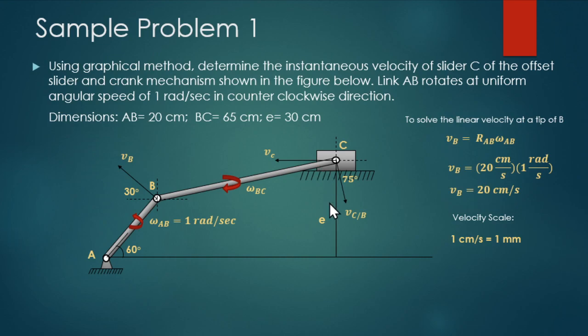By choosing a convenient point, the equation of this relative velocity is velocity C equals velocity B, positive or negative, velocity C relative to B. So by choosing a convenient point, as denoted at Q, we have this axis. We have to remove this velocity B and put it into this point.